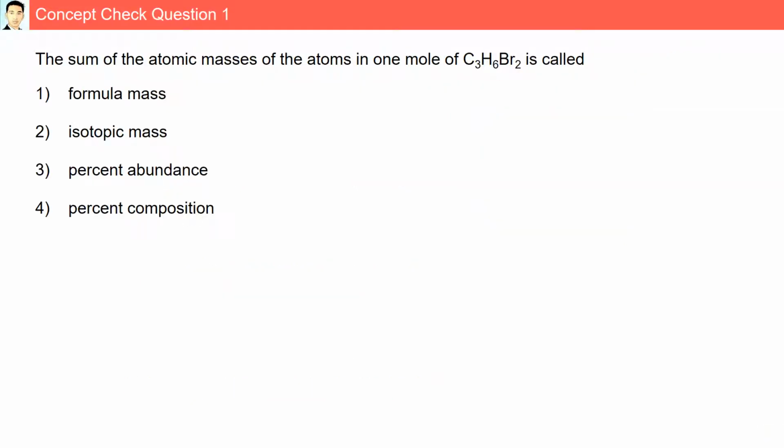Concept check question 1. The sum of the atomic masses of the atoms in 1 mole of C3H6Br2 is called the formula mass. It is also commonly referred to as the molar mass of a substance, and the unit is gram per mole.